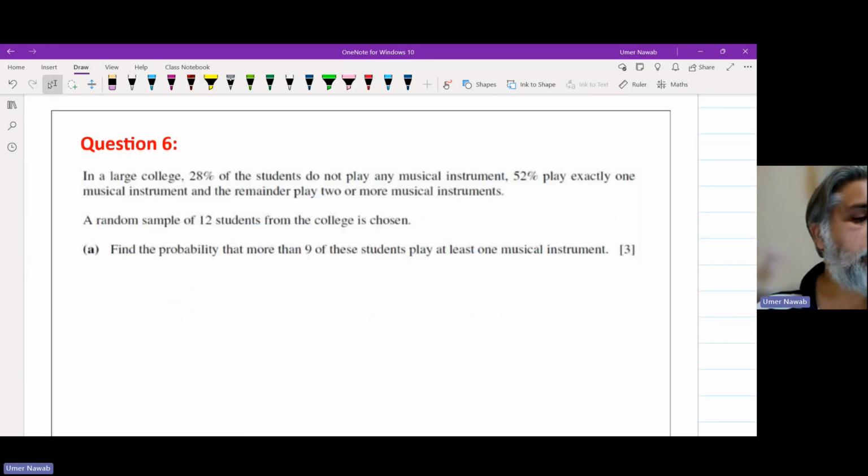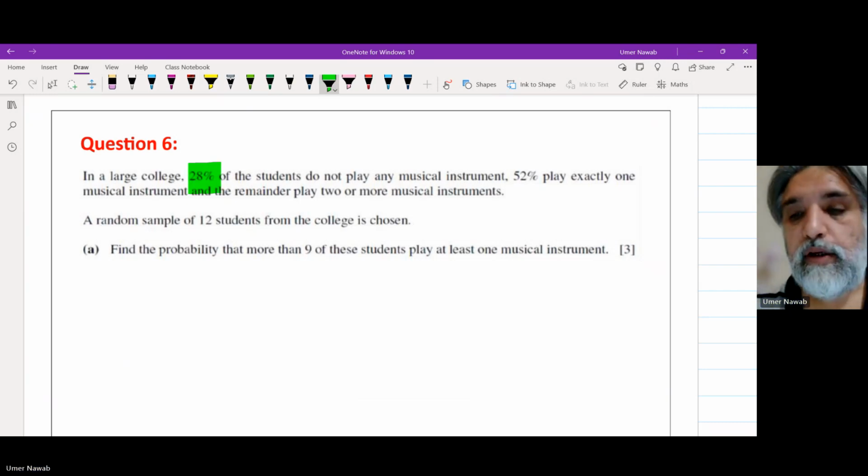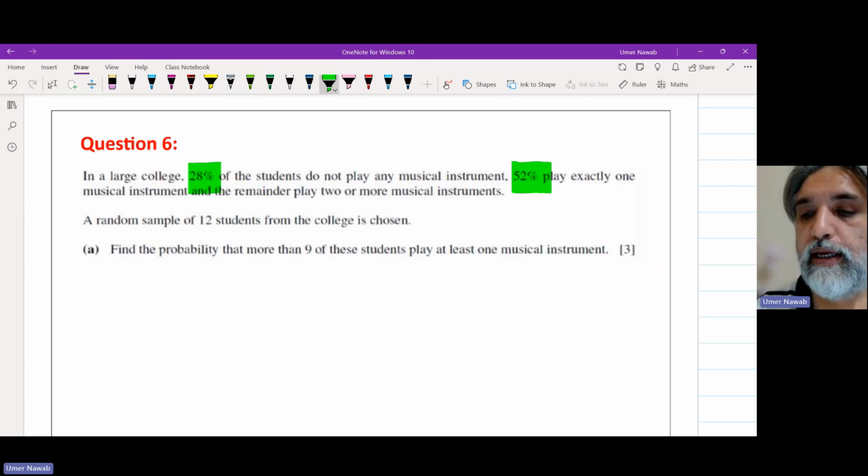Let's go to question number 6 now. In question number 6, in a large college, 28% of the students do not play any musical instrument. 52% play exactly one musical instrument.